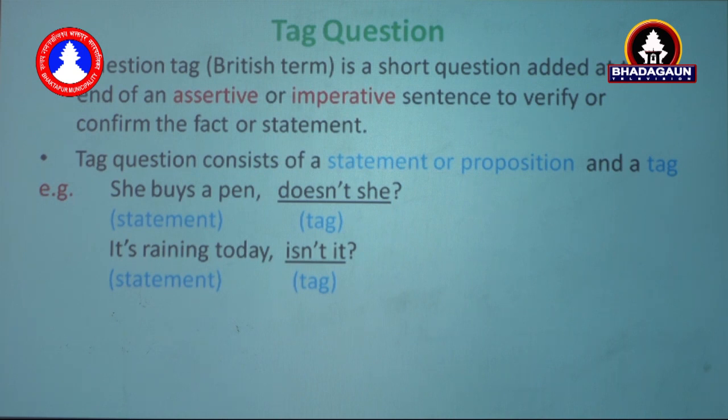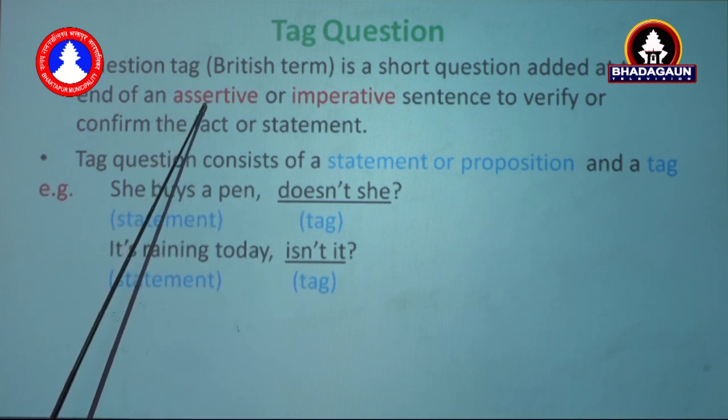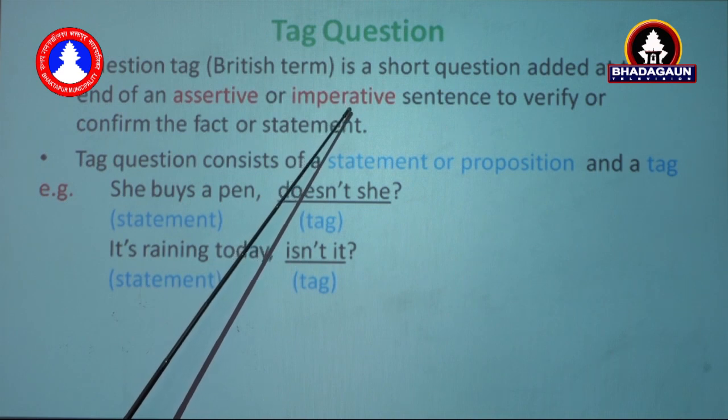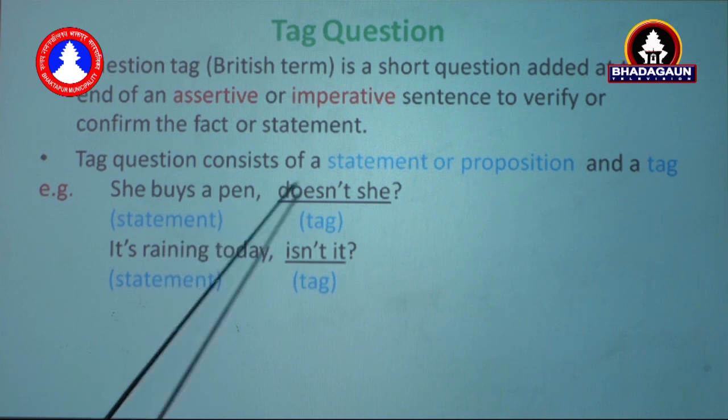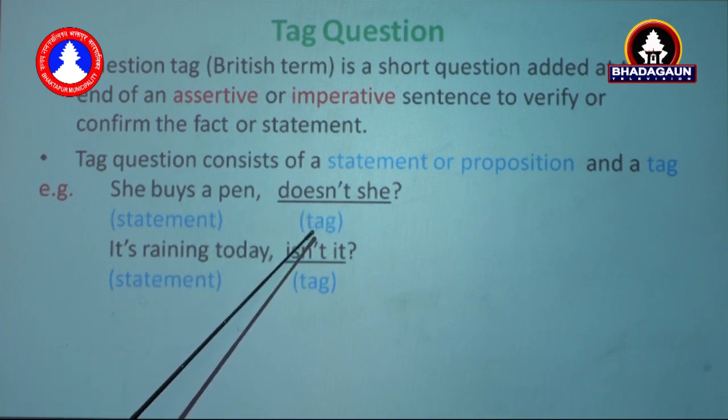So by observing these two examples, we conclude that tag question is the combination of statement and tag. Statement will be there, whether that is in assertive form or imperative form, it does not matter, but there should be the statement, that is fact, statement or proposition also we say, and second one will be the tag.